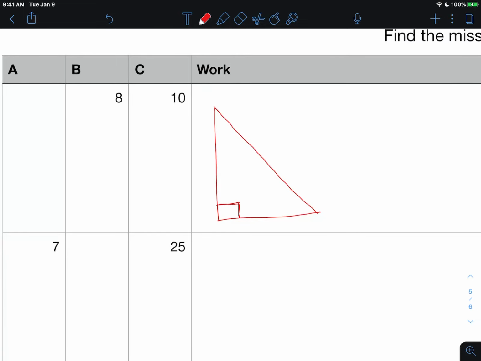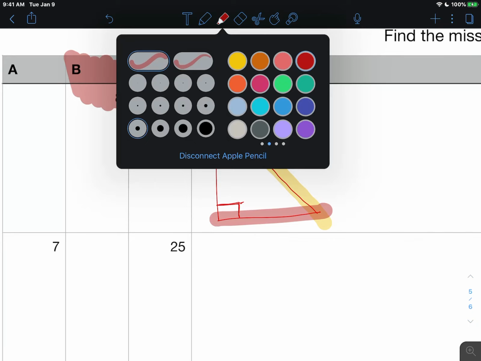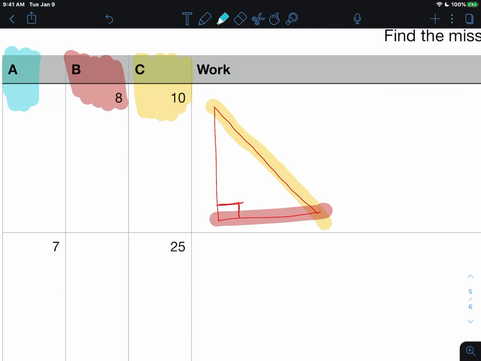I'm going to put in my right angle, and whoever is over here is going to be my C, always. Whoever's over here is going to be my B, always. And whoever's over here is going to be my A. So this is 8, 10, and A.